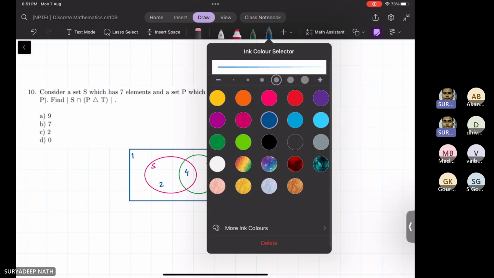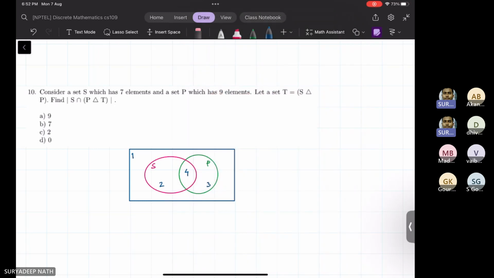T is equal to the symmetric difference of S with P. So this is basically all the elements that are exclusively in S or exclusively in P, but not in both. So this is basically 2 plus 3.